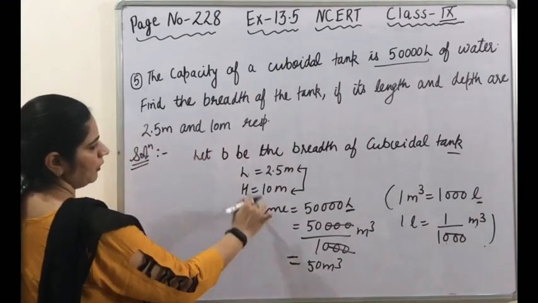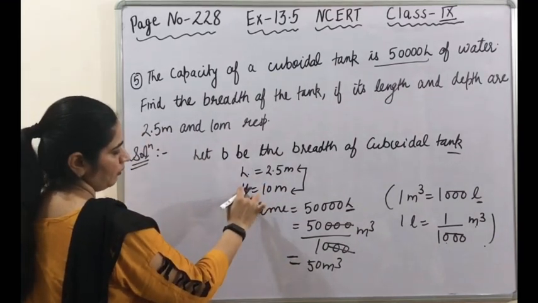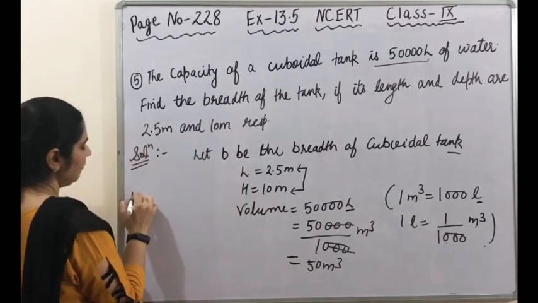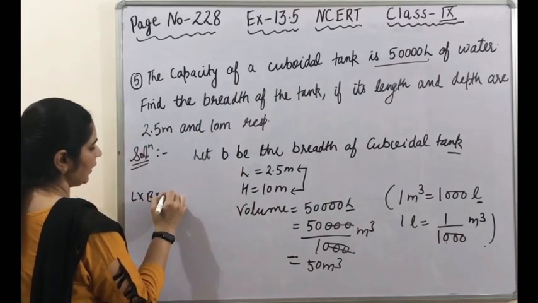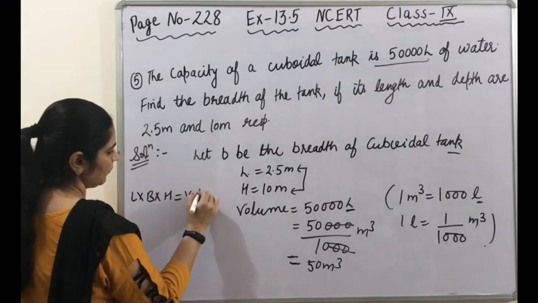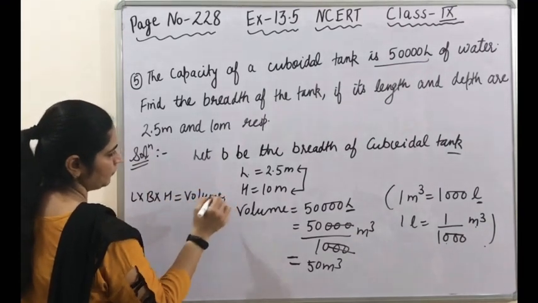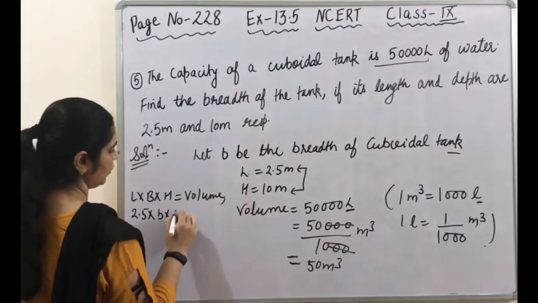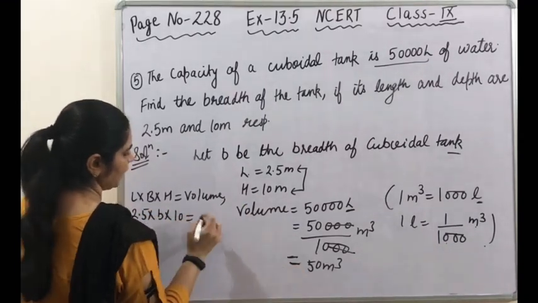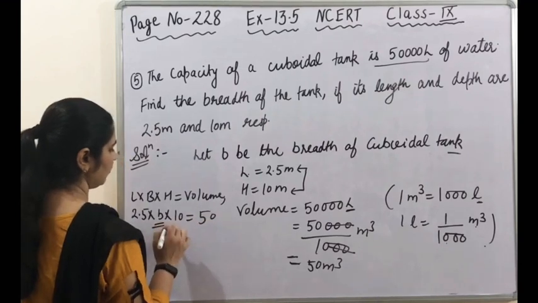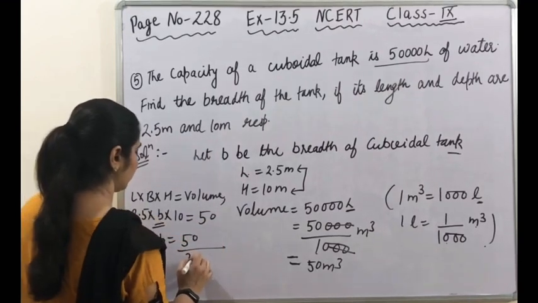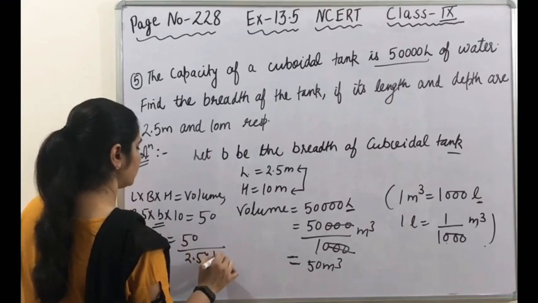Volume is given, L and H are given. Both the terms are given here. We'll find the value of B. We'll simply write volume is L into B into H, which is equal to 2.5 into B into 10 is equal to 50. So B is equal to 50 divided by 2.5 into 10.